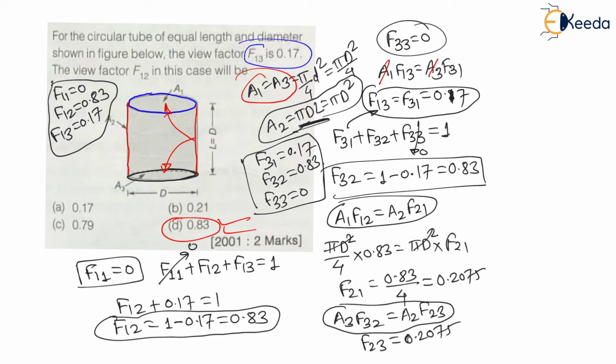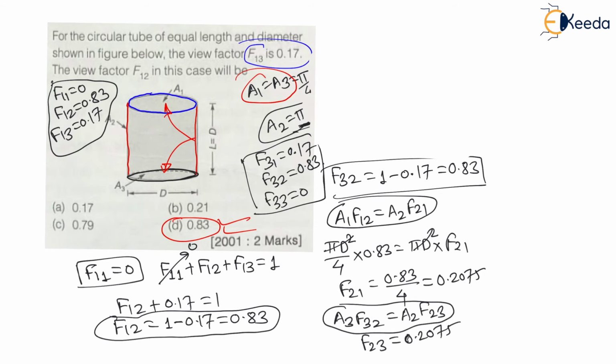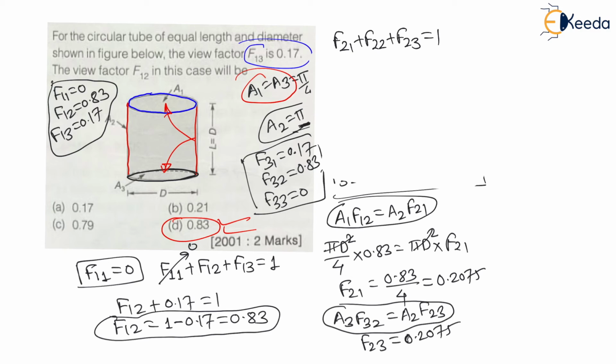Now my dear students, again let us use the addition law for all the shape factors of surface 2. Therefore we can say the addition law is F2 to 1 plus F2 to 2 plus F2 to 3 is equal to 1. Therefore F2 to 1 is 0.2075 plus F2 to 2, which needs to be calculated, plus F2 to 3, which is again the same value 0.2075, is equal to 1.